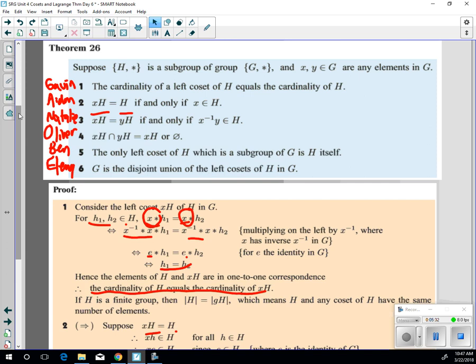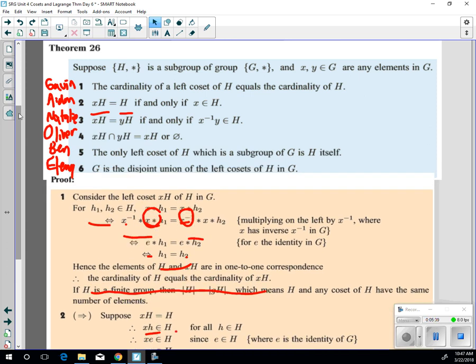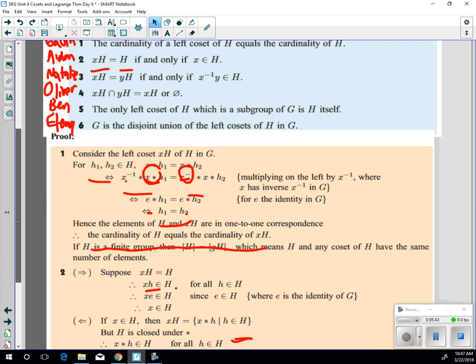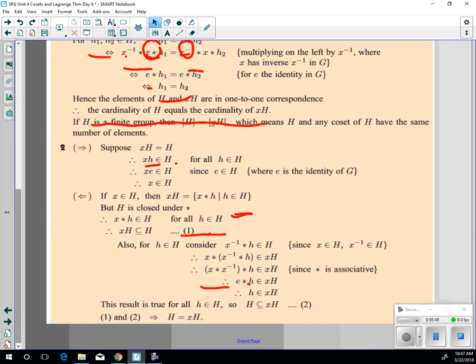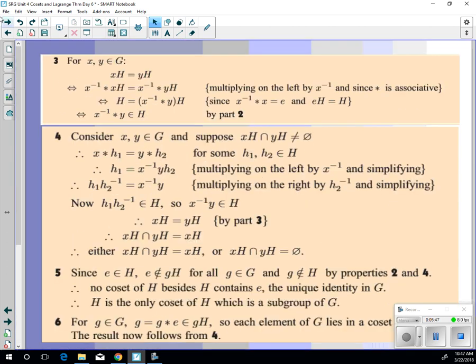All right, so this third theorem states that for xH equal to yH, x inverse times y has to be an element of H. For the proof, they set xH equal to yH and then multiply by the inverse of x on the left, and you know the inverse exists because x is an element of a group.